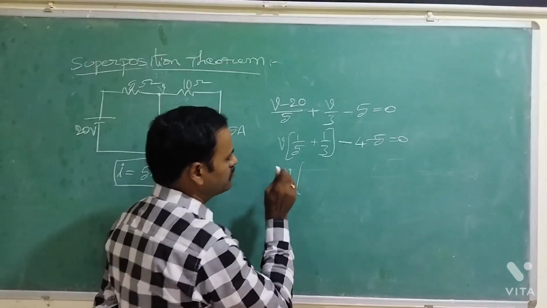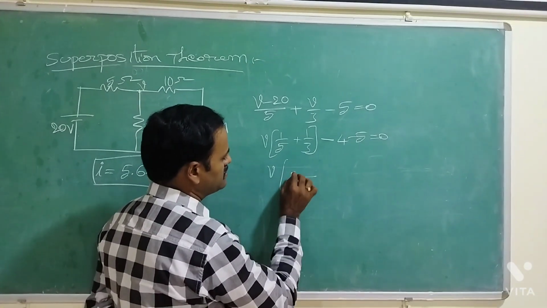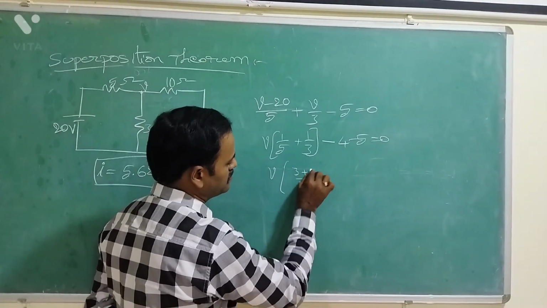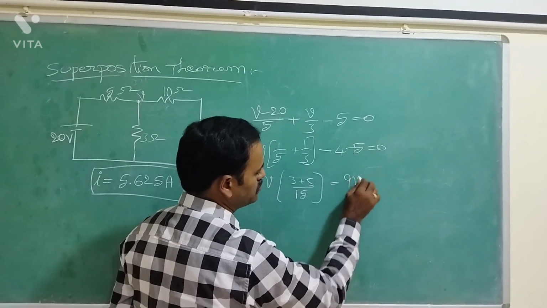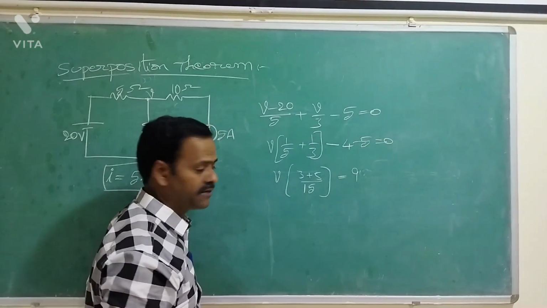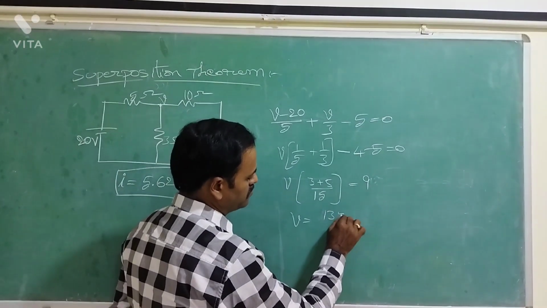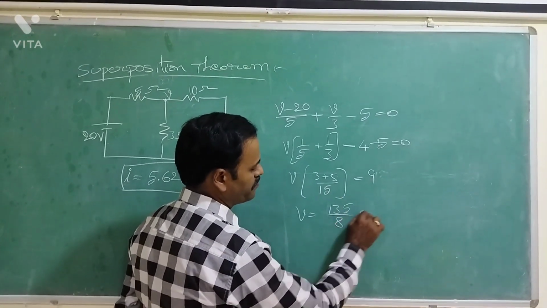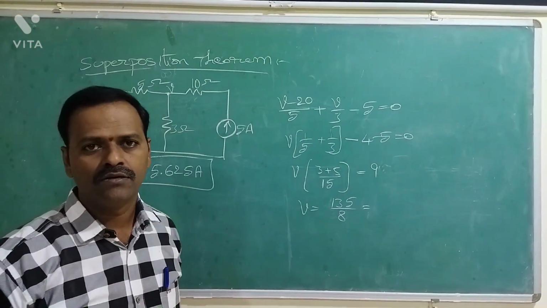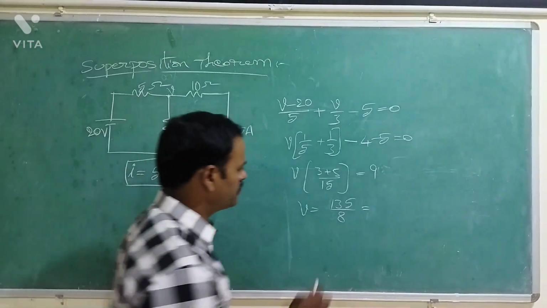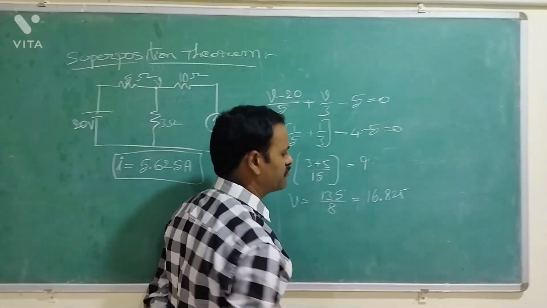Then V into, for this, find the LCM, that is 3 plus 5 over 15, and take this to the other side, that is equal to 9. So then V is equal to 135 by 8. What is its value? It may be about 16.825.